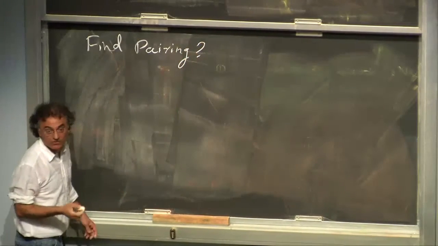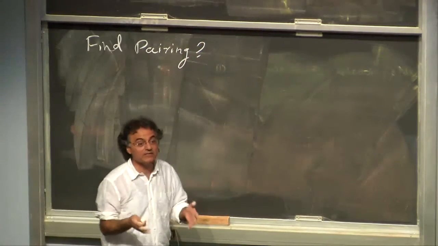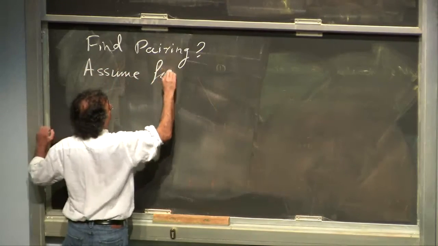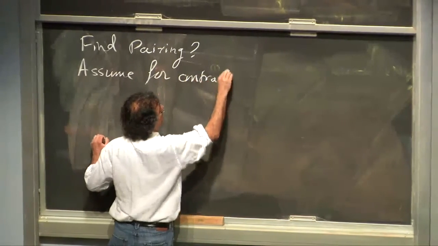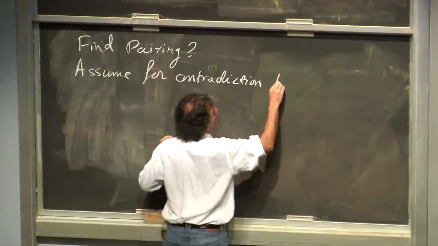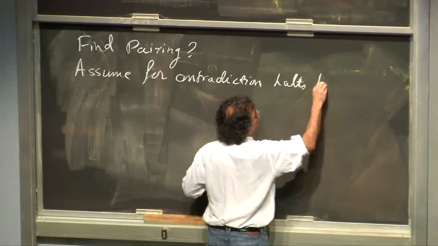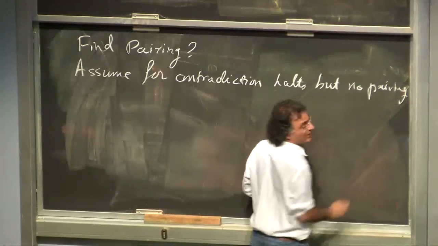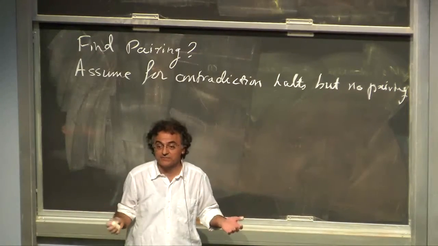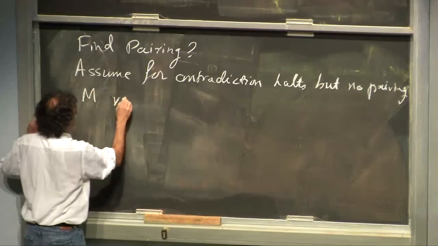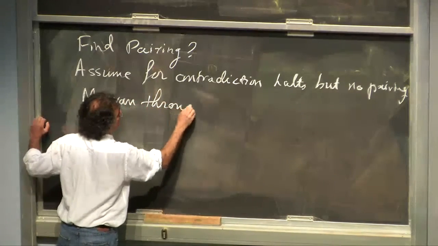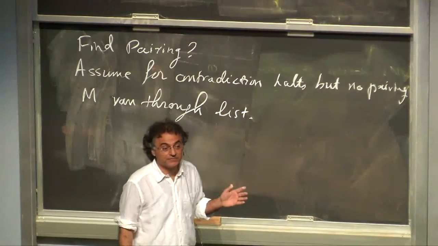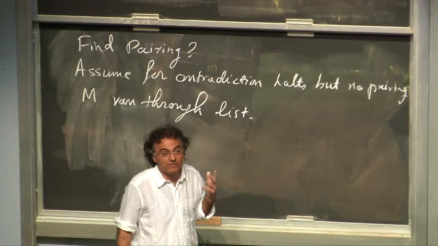So we assume for contradiction that the algorithm halts and it doesn't find a pairing. Meaning that some man ran through his list, he crossed everybody off, and he didn't get to be paired with anybody.